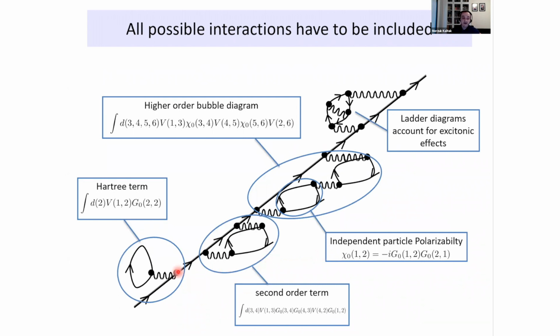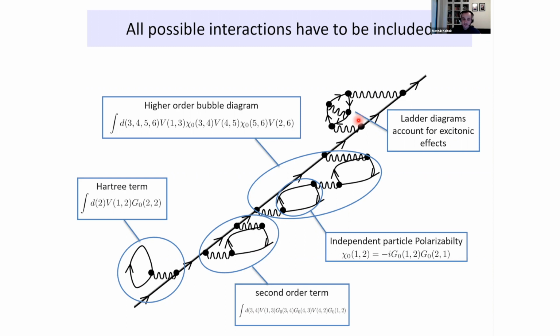However, in practice, you have infinitely many possible interactions that can happen between point 1 and point 2. So you have to actually take all possible processes into account. And here are only shown a few examples, the lowest order contributions, so to say. So here we have this Hartree bubble, or here we have the first order in the RPA and higher order terms.